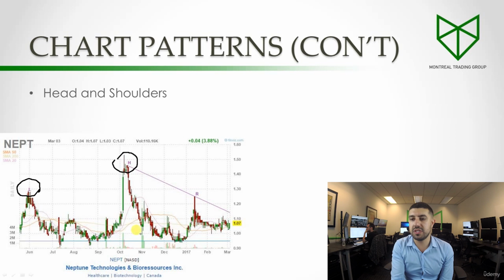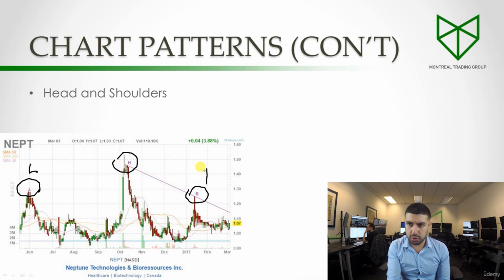Price goes down again to the same level, goes back up somewhere approximate to the previous level here, and then drops. So in this pattern, you have what we call two shoulders. This is going to be the left shoulder, this is going to be the right shoulder, and this is going to be the head. So that's why it's called head and shoulders.